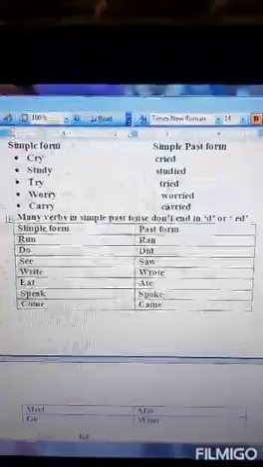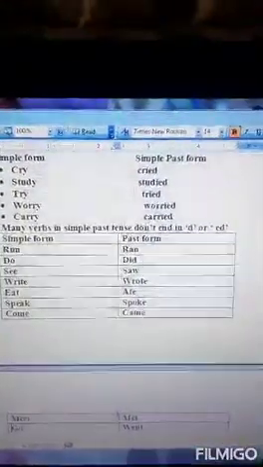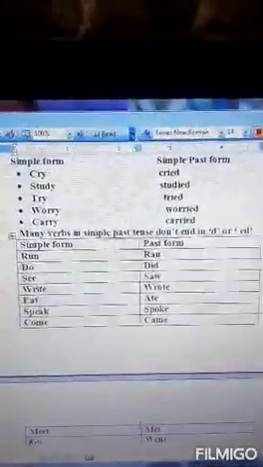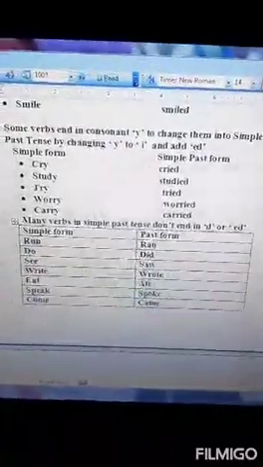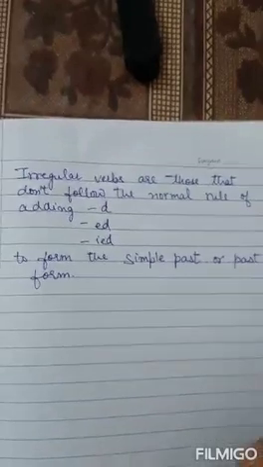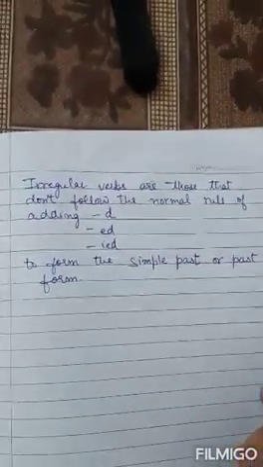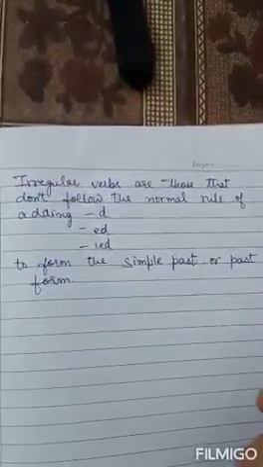Next comes many verbs in simple past tense that don't end in d or ed, and those verbs are known as irregular verbs. So what exactly are irregular verbs? See, irregular verbs are those that don't follow the normal rule of adding d, ed, or ied to form the simple past or past form.